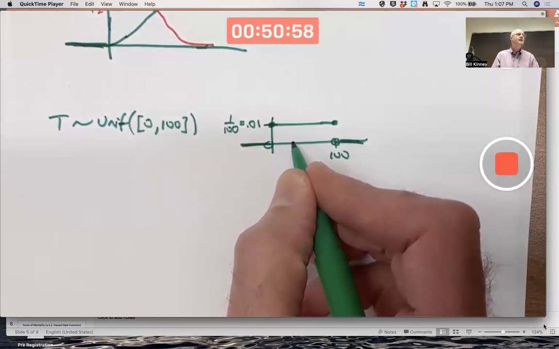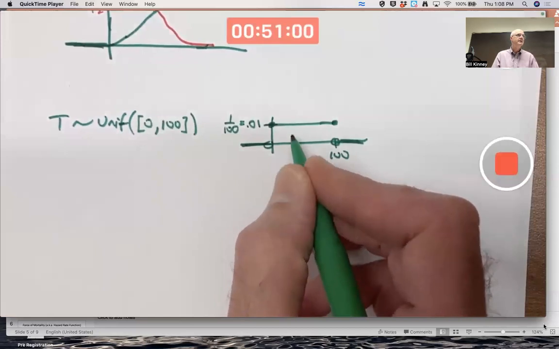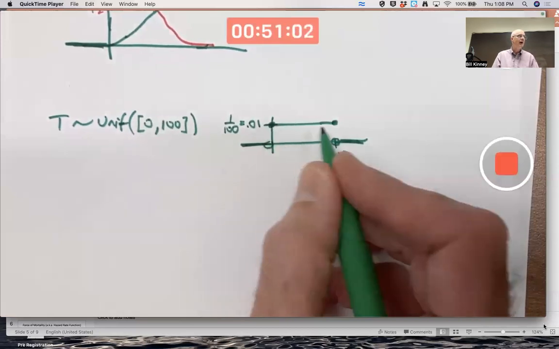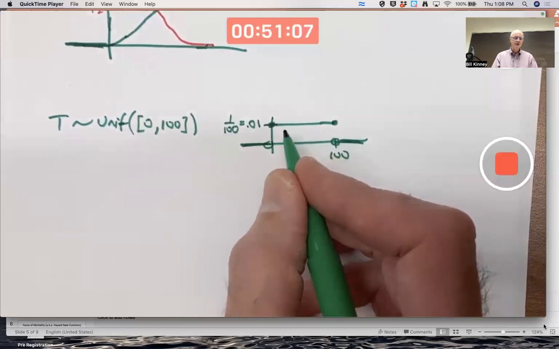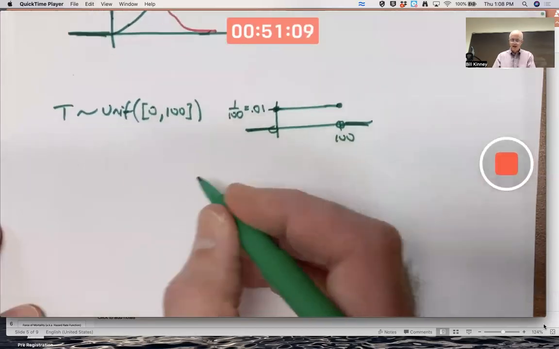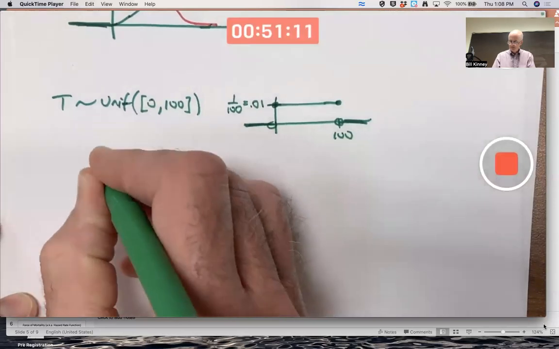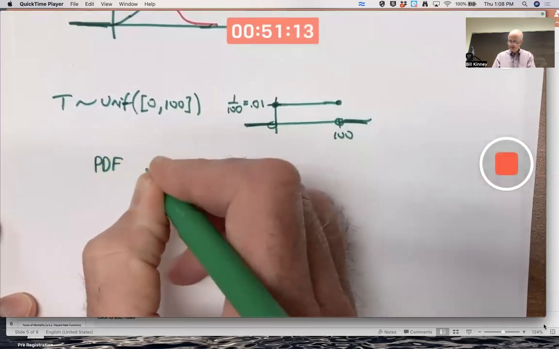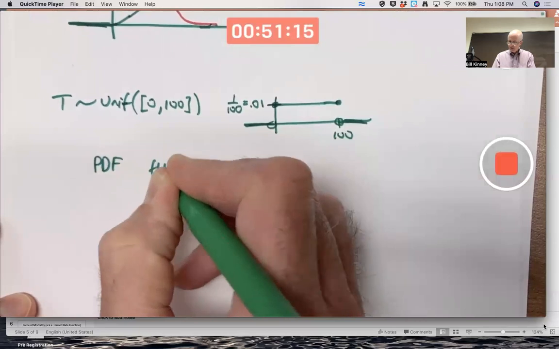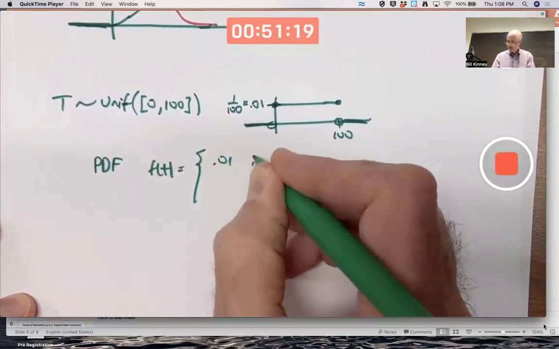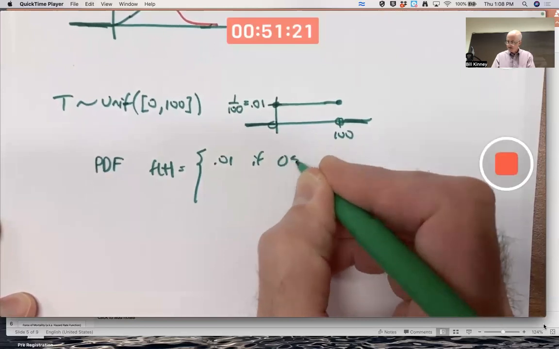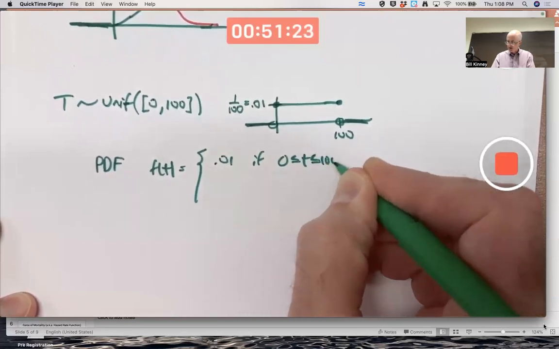Because the area is always going to be the same, because the graph is a horizontal line. That's a uniform. So its PDF, if you wanted to write it piecewise, you could say it's 0.01 if t is between 0 and 100, and you could say it's 0 otherwise.